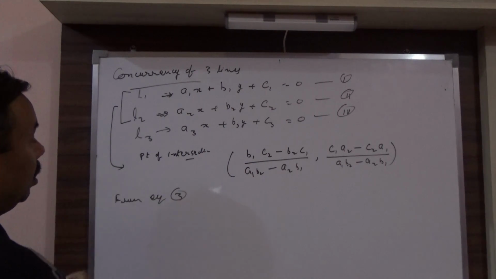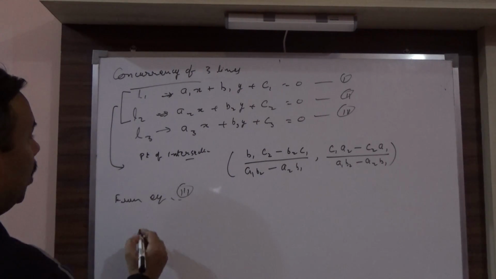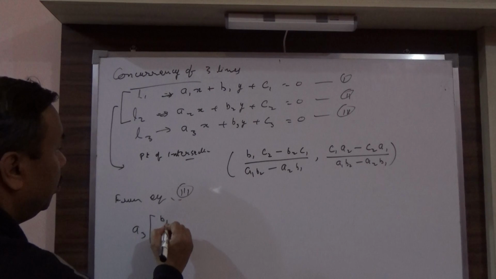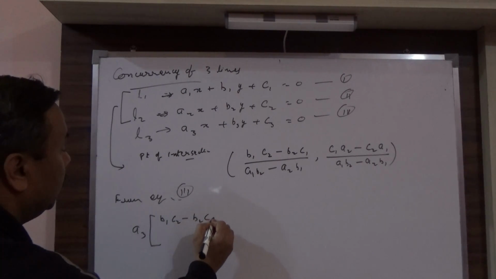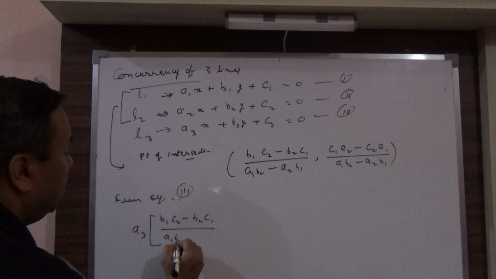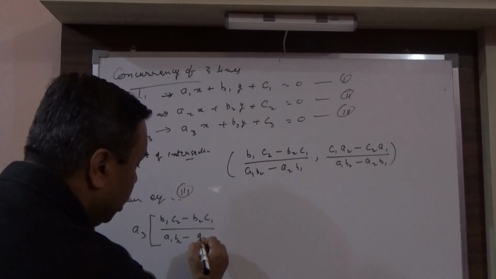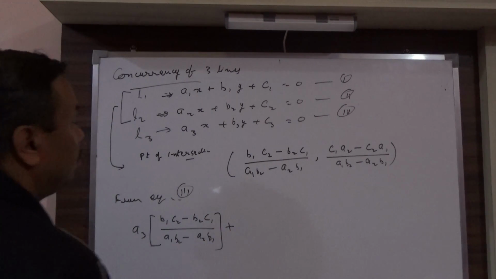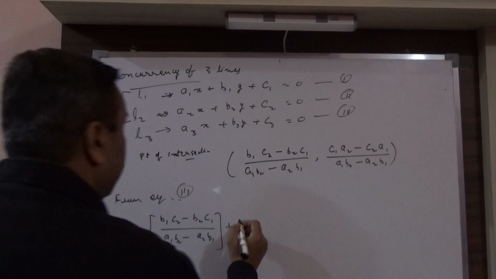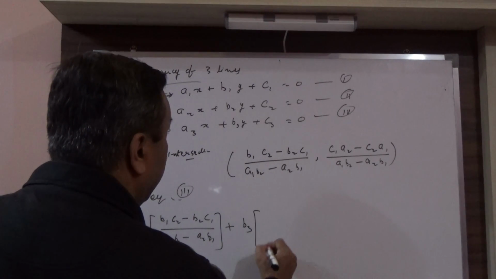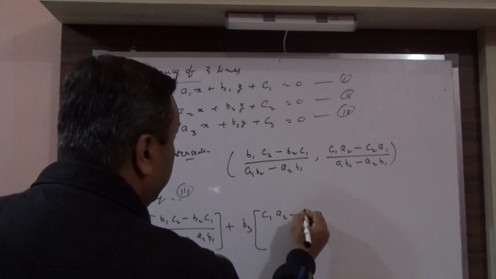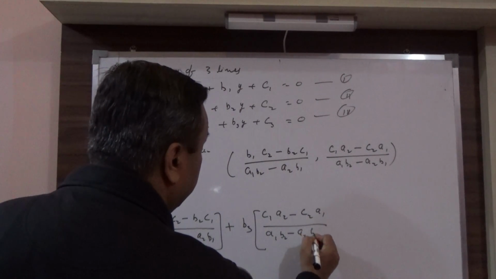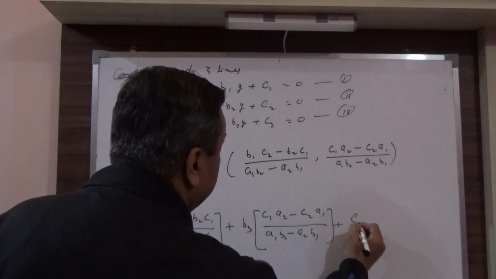From equation 3, what I get: A3 times (B1C2 minus B2C1) divided by (A1B2 minus A2B1), plus B3 multiplied by (C1A2 minus C2A1) divided by (A1B2 minus A2B1), plus C3 is equal to 0.